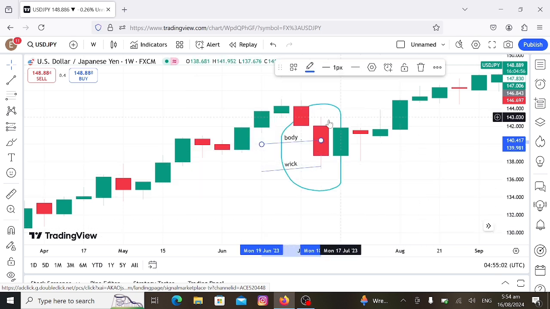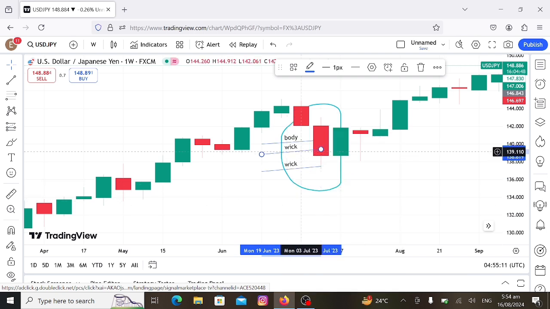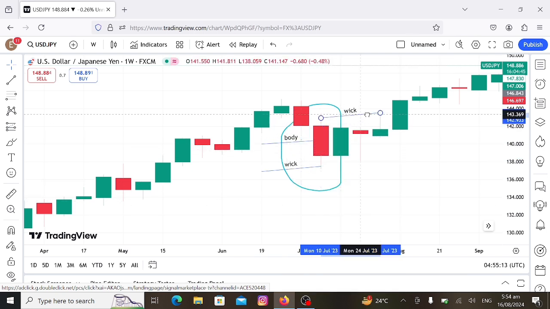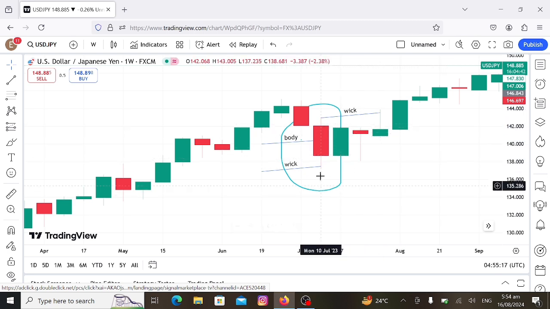The top side is also a wick, and this as well is a wick. And of course, the color, as you can see, the one I labeled is red.